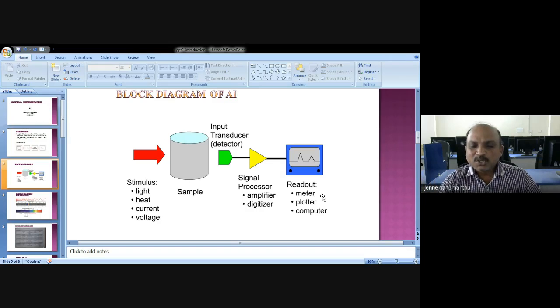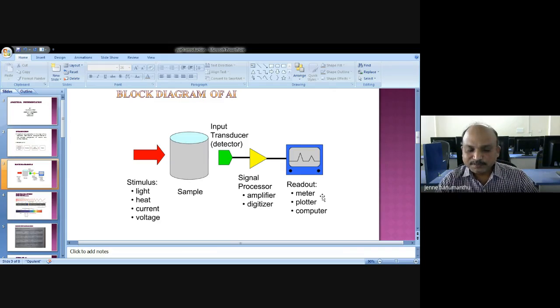Sometimes there is a need to represent the output in terms of a digital value with these available computers. Digital computers you can take. Sometimes you can take any CRO, cathode ray oscilloscopes, CROs, isn't it?